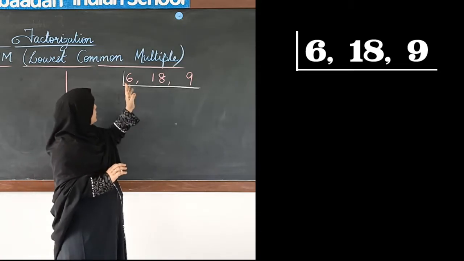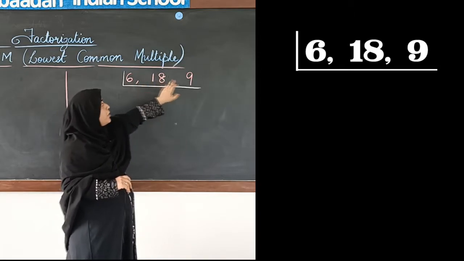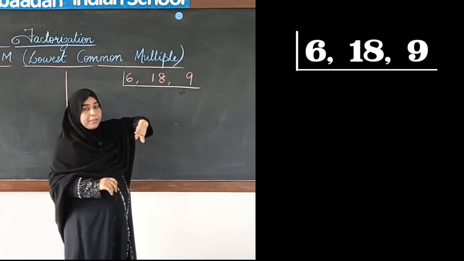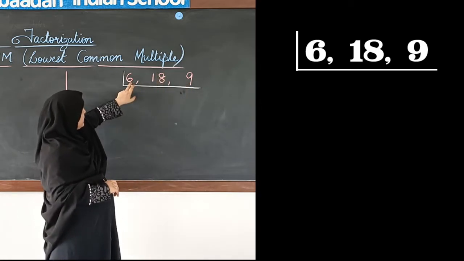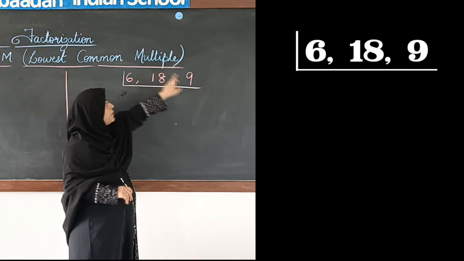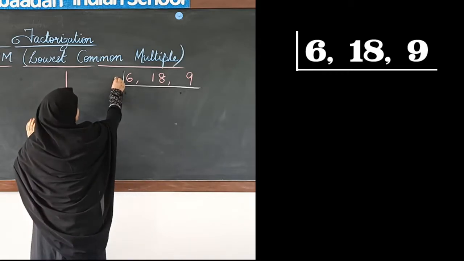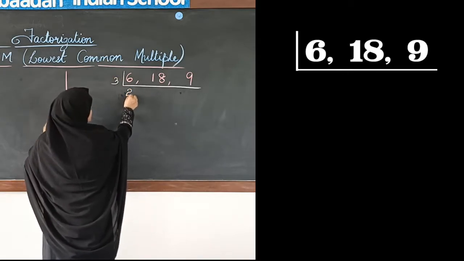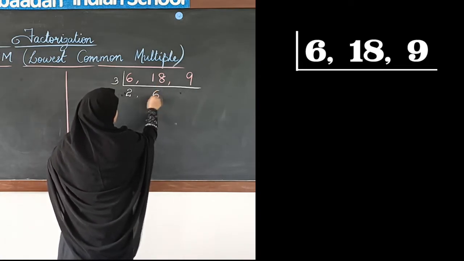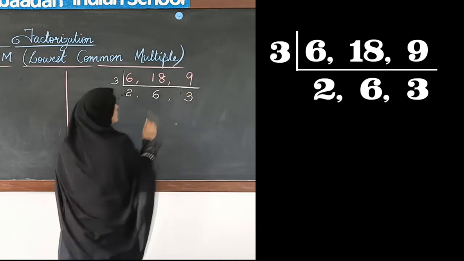Now, 2 will divide 6, it will divide 18, but it will not divide 9. So we go to the next prime number, 3. Now, 3 will divide 6, 3 will divide 18 and 3 will also divide 9. So we will take 3. 3 twos are 6, 3 sixes are 18 and 3 threes are 9.